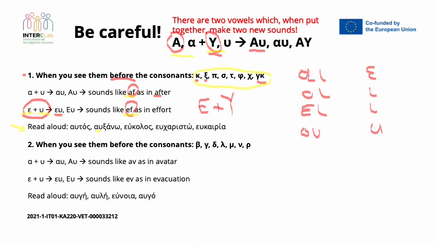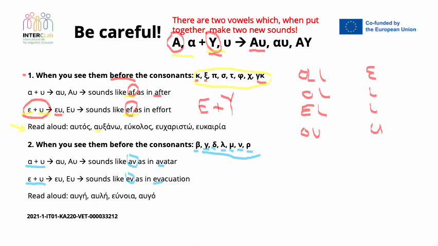But when you see this combination of vowels before v, g, d, l, m, n, and r, then a and e together sound like av, like avatar. And if you see e and e together before these consonants, they sound like ev, like evacuation.